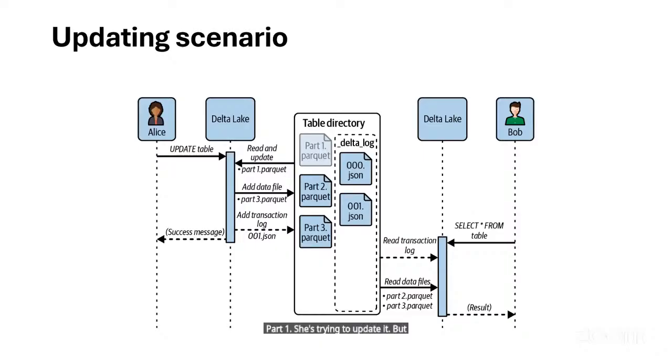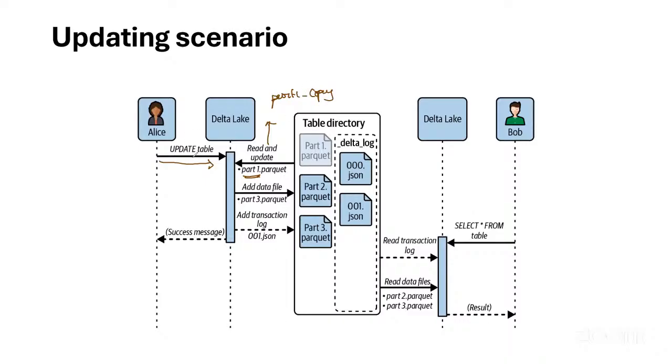But here they are immutable. So what Delta Lake does is it creates a copy. It creates a copy of part 1 and makes changes to that part 1. When an update operation comes and it has to be done in part 1, it will create a part 1 copy.